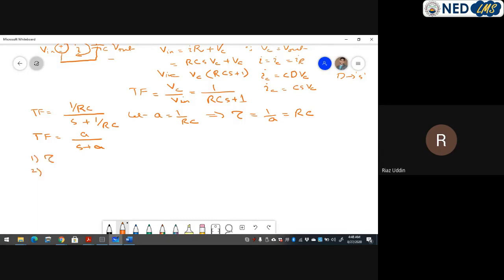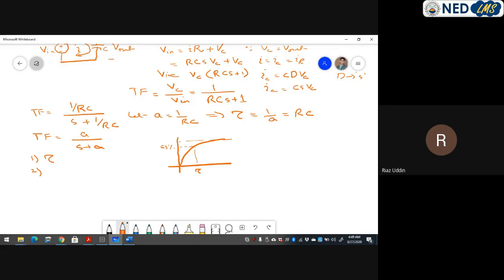Another time domain parameter: if I plot this, this is my desired output, and it comes out to be something like this. At this point, when it gives 63 point something percent of this value, this is its tau value.